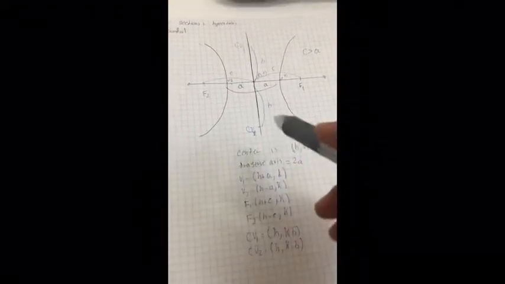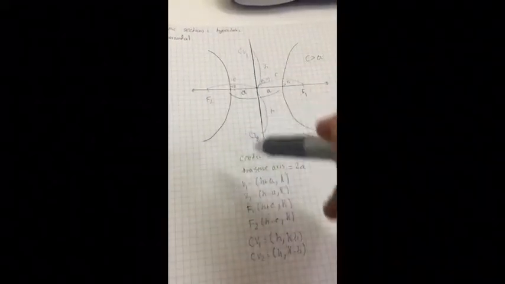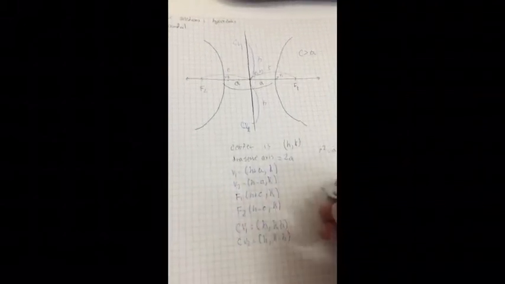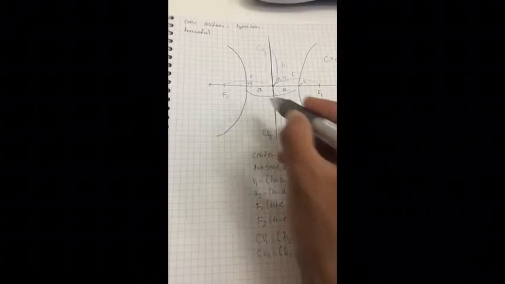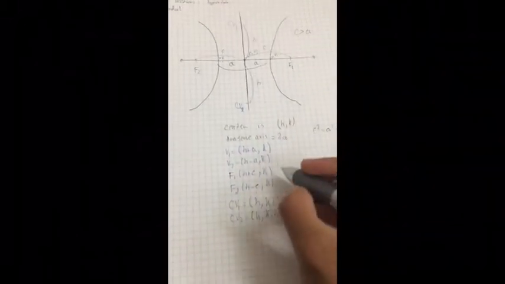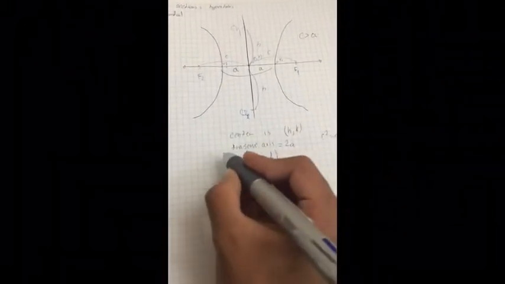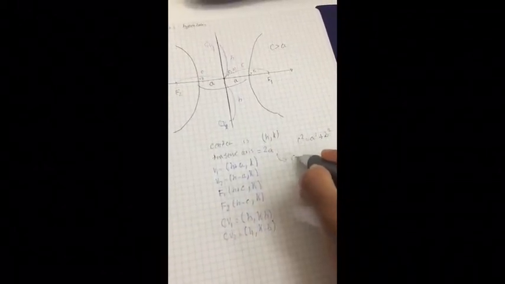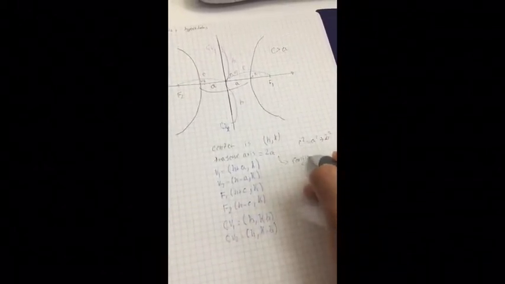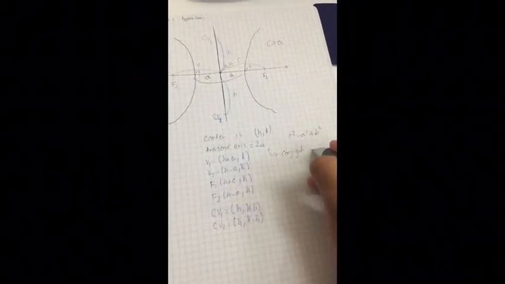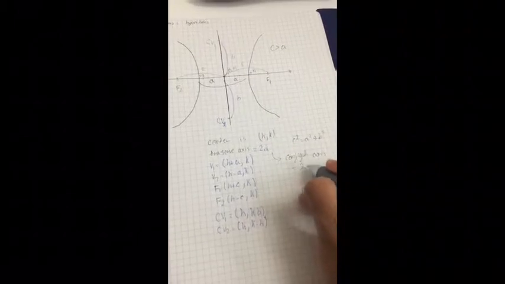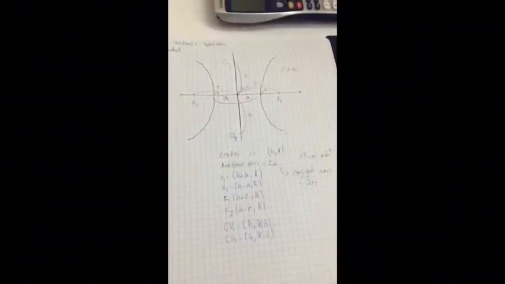And the distance between CV1 and CV2 is called the conjugate axis, which is perpendicular to the transverse axis. So here the conjugate axis equals 2b, b plus b.